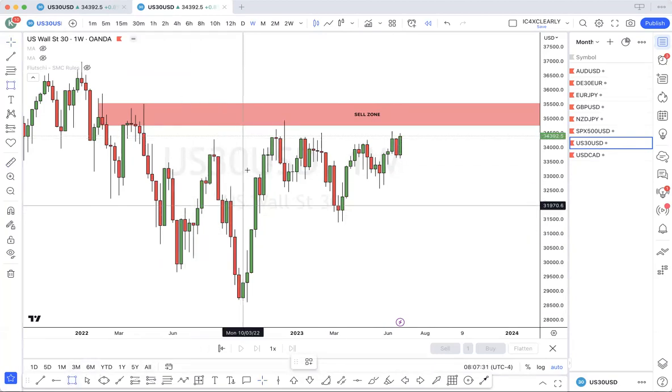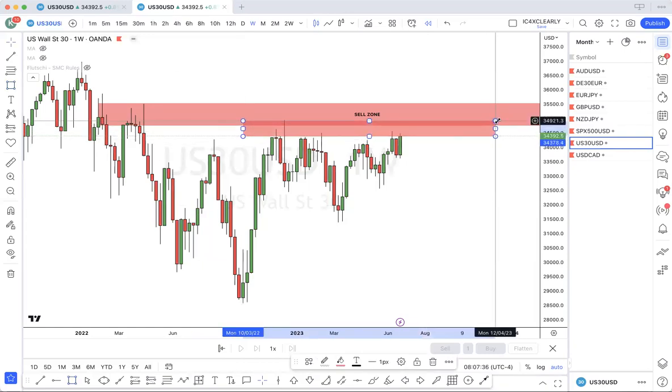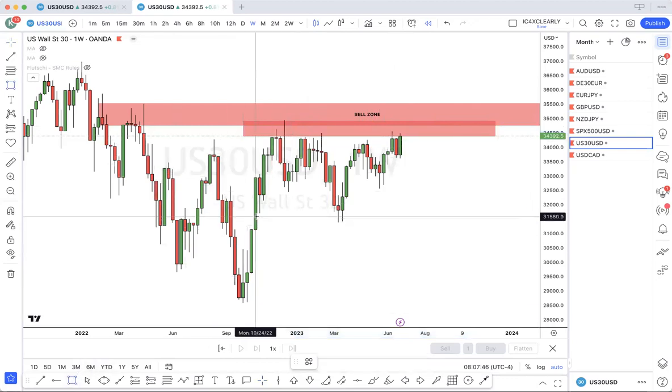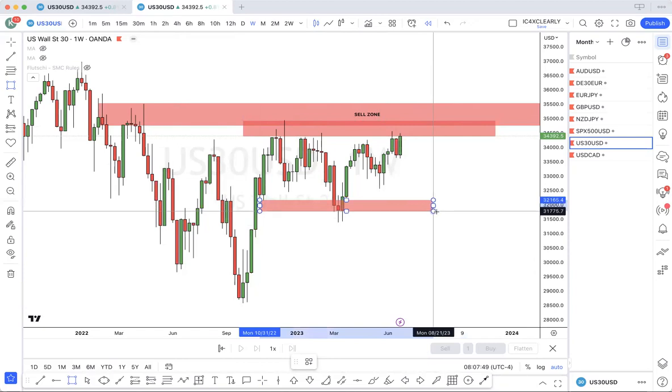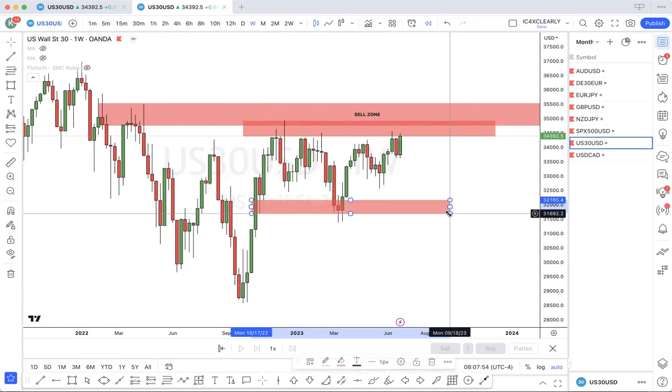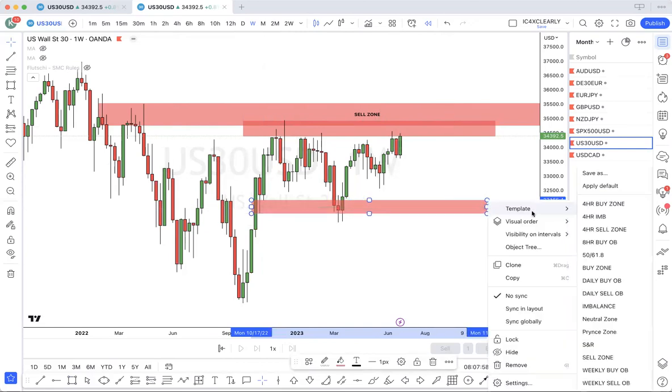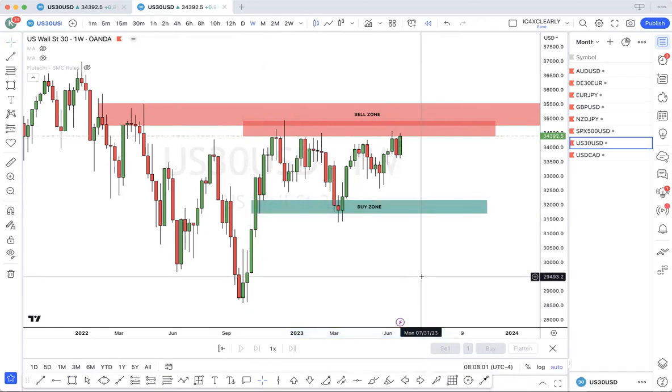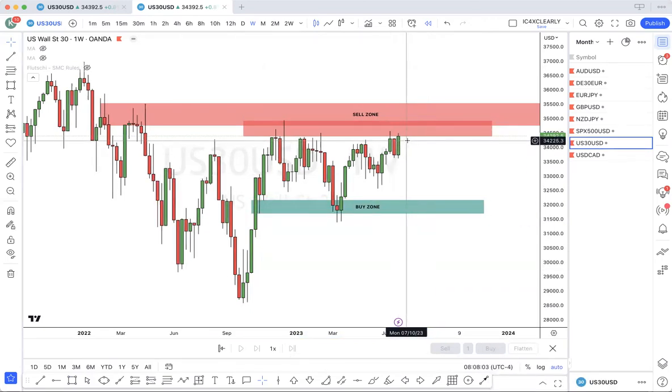For the week, yeah, this zone is getting very weak here. So what did we say?